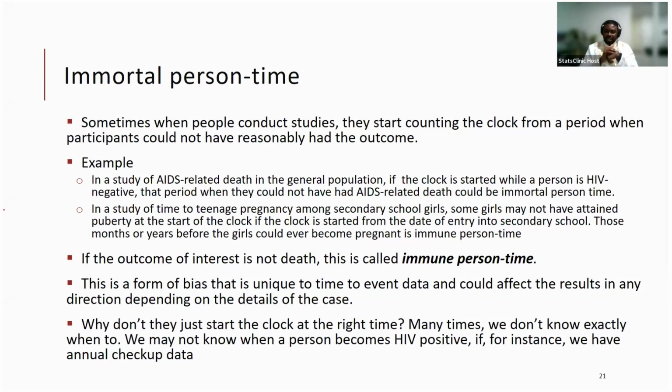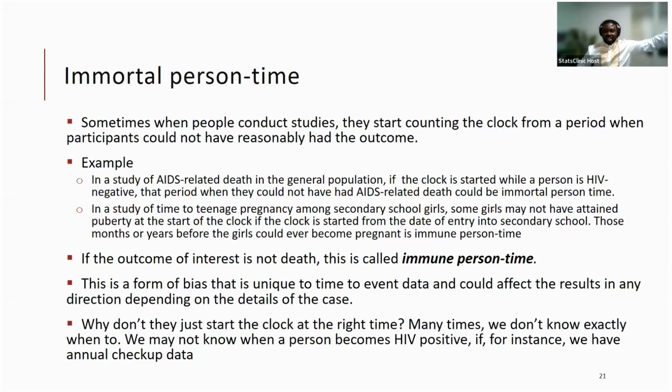Okay, let me give you an example. You are interested in AIDS-related death. So that means that the person has to have been HIV positive, then had to have developed AIDS, and then died. So you see multiple things. But maybe the intervention that you're interested in is the prevention of HIV infection. You see what I mean?